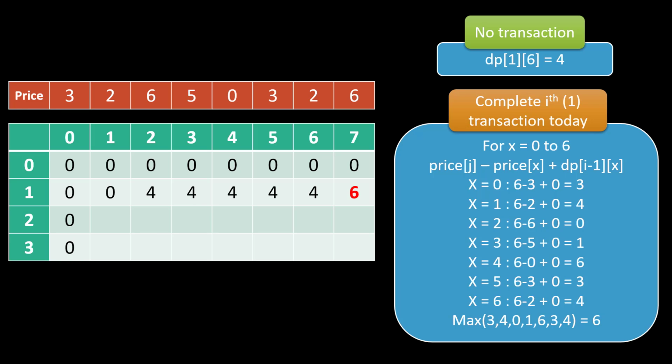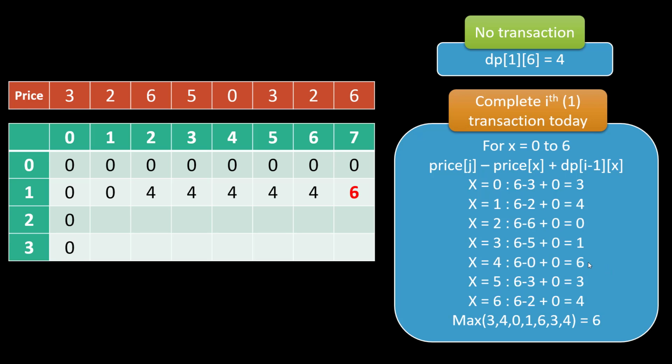because now the transaction that you are going to consider is 0 to 6, which would give you the highest profit. So over here, if you see, the previous transaction had a profit of 4, and if you calculate the cell of this day and buy from all of these days, the maximum profit you will get is over here on day 4, which is 6 minus 0 plus 0.